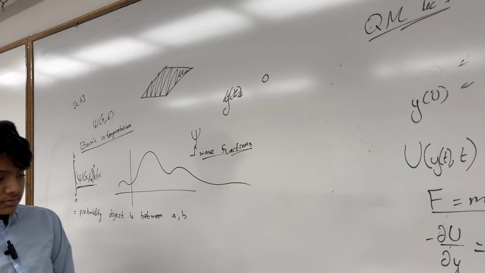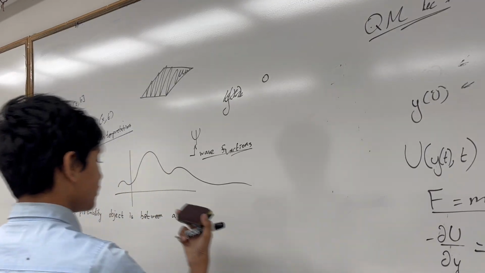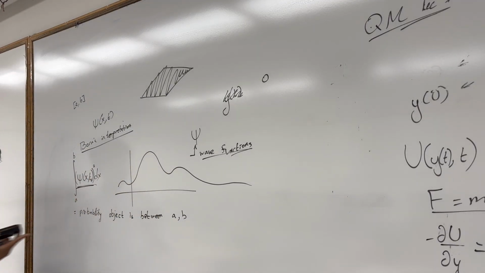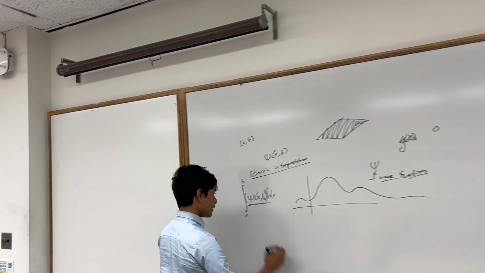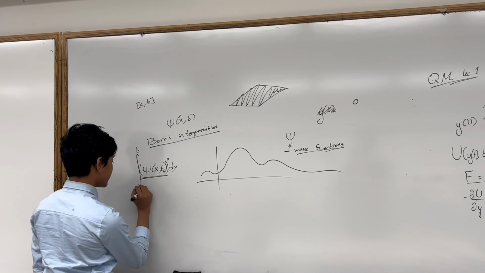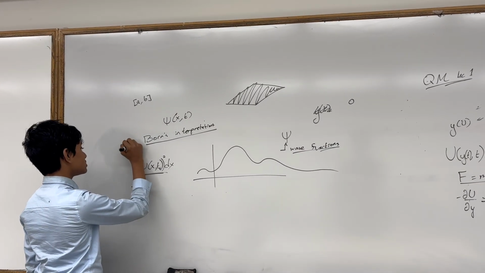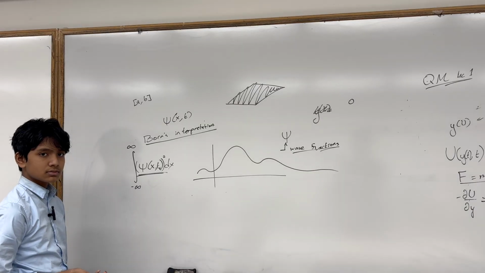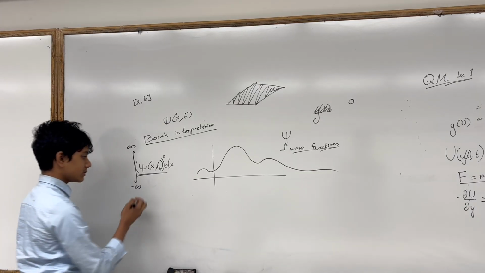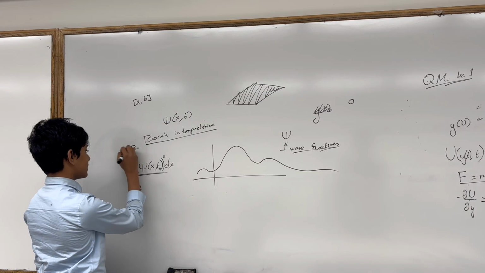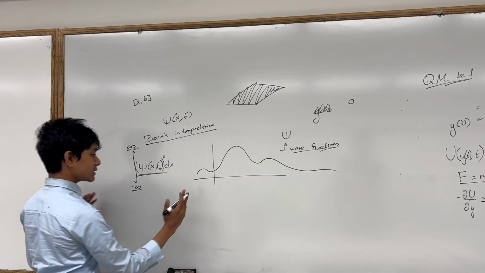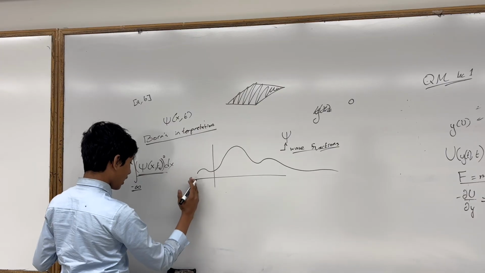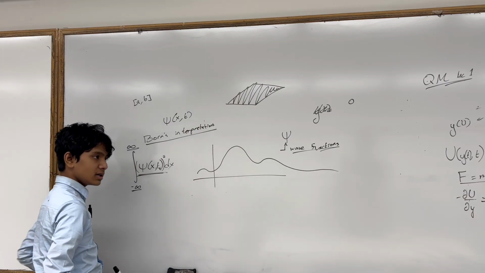Now, let's review a few things about statistics that we might want to know. First of all, if you integrate this from negative infinity to infinity, what should be the expected result? Well, something that's integrated from negative infinity to infinity and gives you the probability of an object being between those two points is 1.